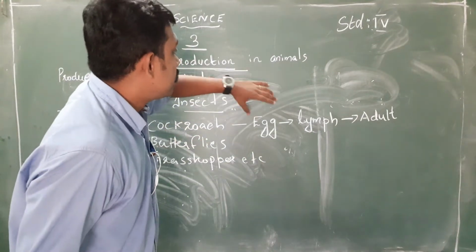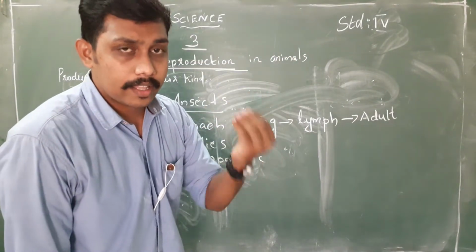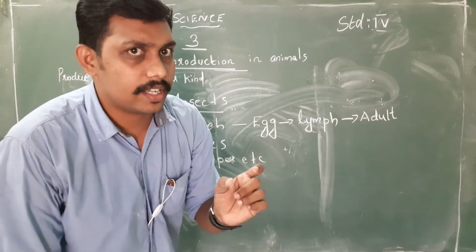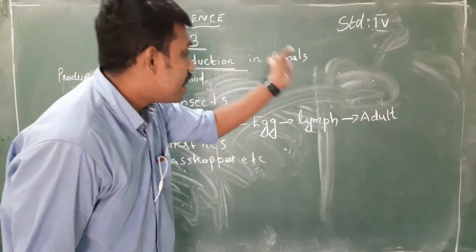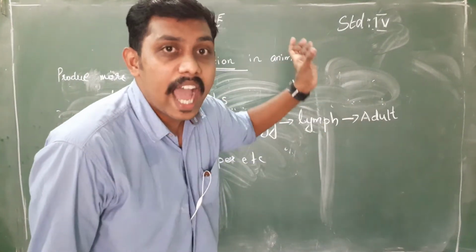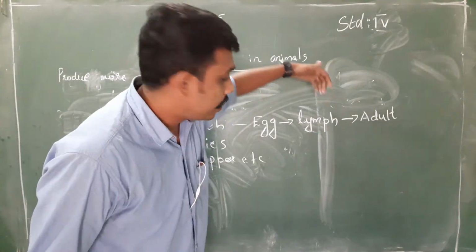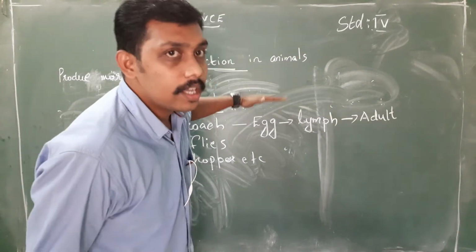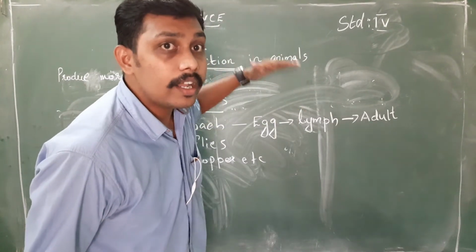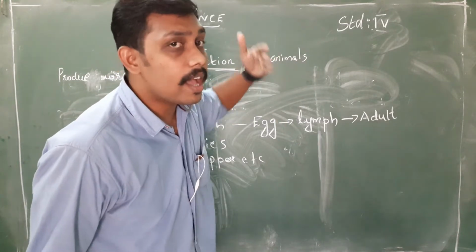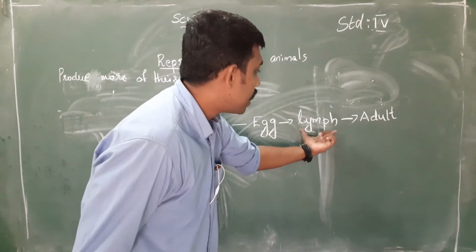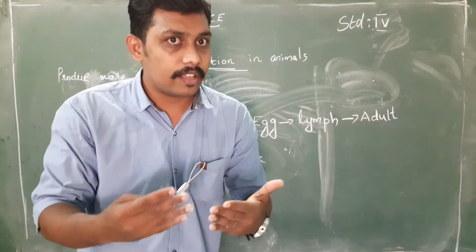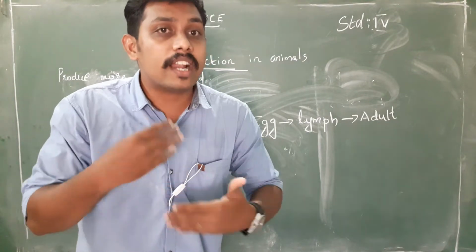In the first stage, we already said that the young one comes out from the egg. That process is called hatching, isn't it? So in this case, the nymph is hatched out from the egg. The younger one that comes out from the egg by hatching is called a nymph. This nymph goes through several development stages.